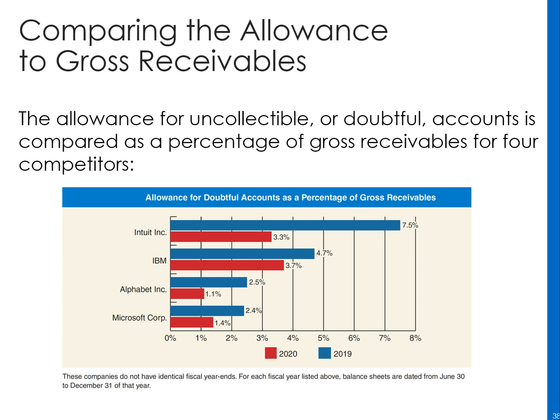So a few questions we can ask: does the company have adequate allowance for uncollectible accounts? And does the change in those percentages reflect the company's improvement in their collection of accounts receivable, or improvement of their customers? So those are questions we can ask.